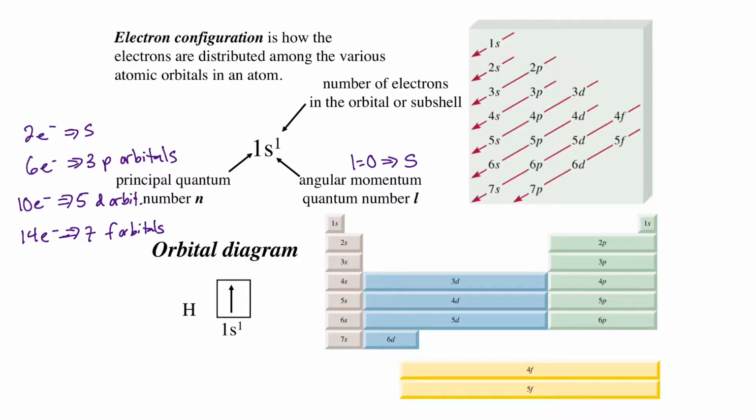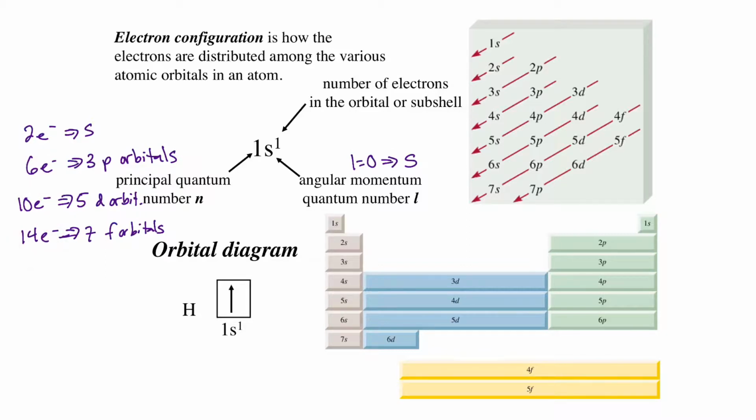Remember you can find the total number of orbitals based on your total number of m sub l values that are possible. So don't forget your quantum number rules. That's where you have 1 s, 3 p, 5 d, and 7 f orbitals, and each one can hold 2 electrons, so we get 2, 6, 10, and 14 as our total.